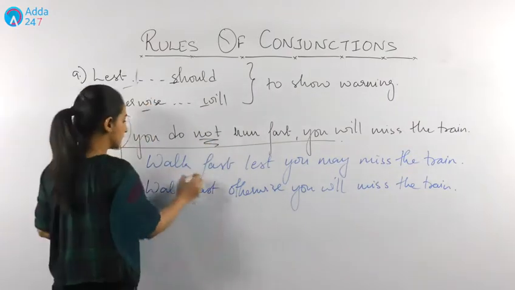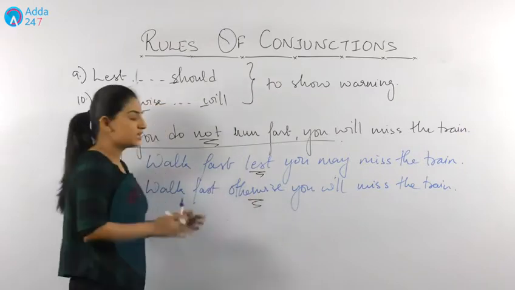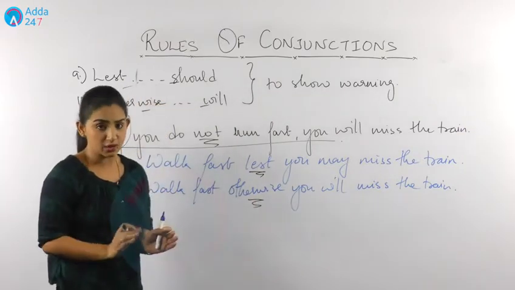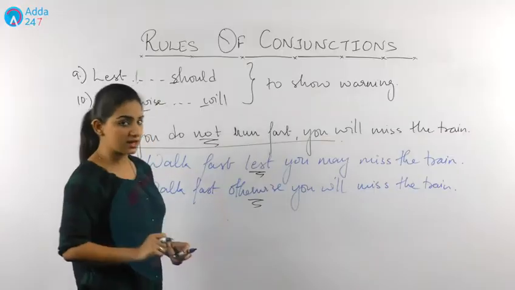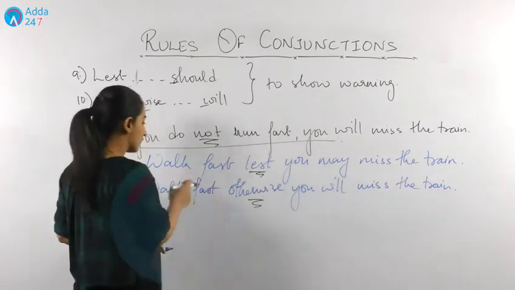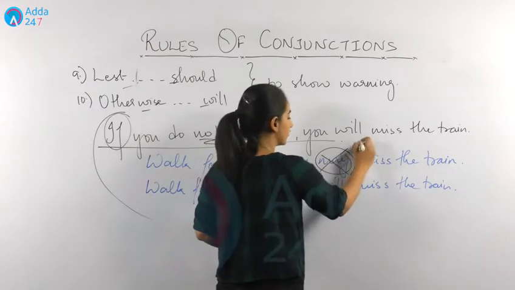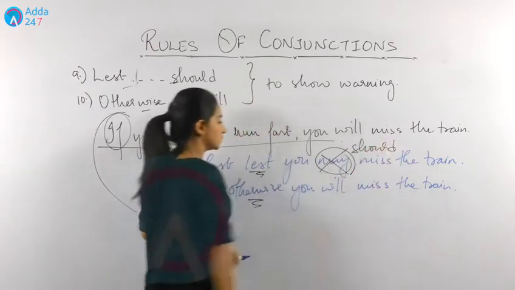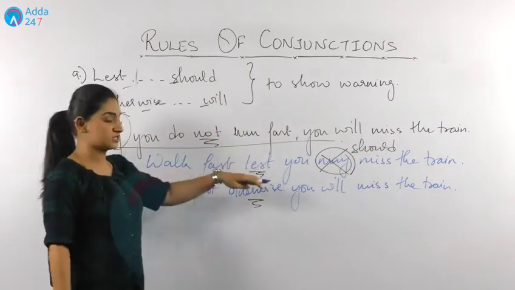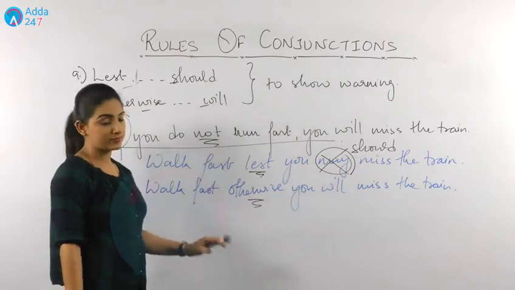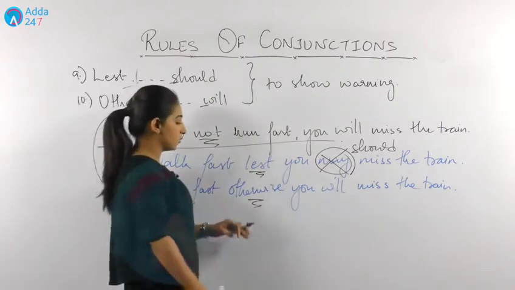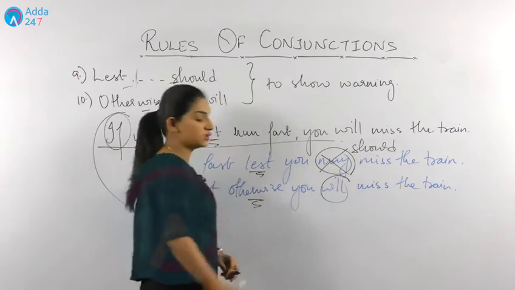But when we use lest or otherwise, we need not use a negative word, right? But there is an error in this sentence, and what is the error? Walk fast lest you may isn't placed. We place should. So what is the correct sentence? Walk fast lest you should miss the train. Or walk fast otherwise you will miss the train.